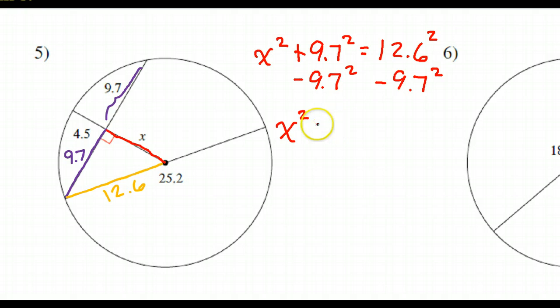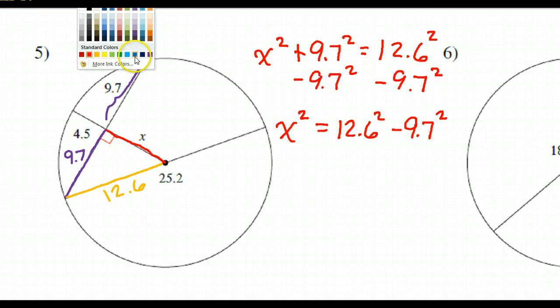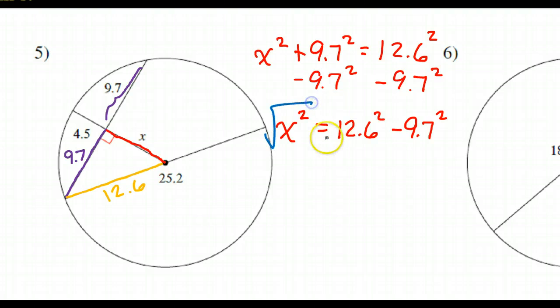But for right now, I'm going to have x squared equals 12.6 squared minus 9.7 squared. And then I would take the square root of both sides.